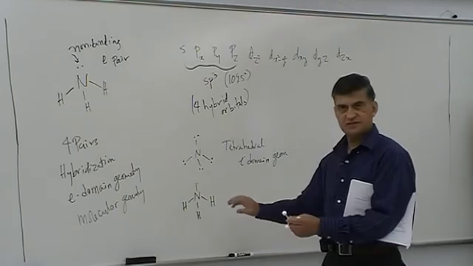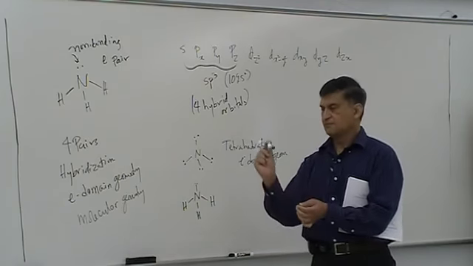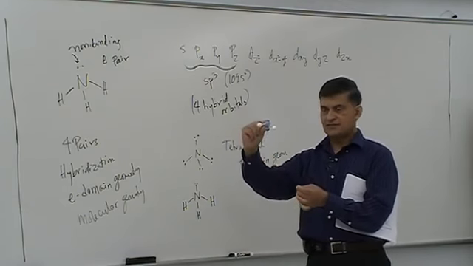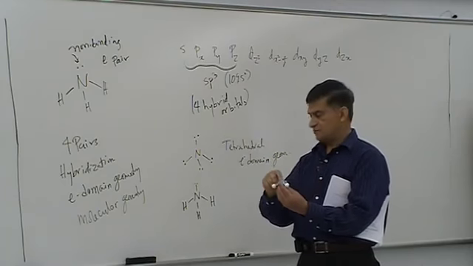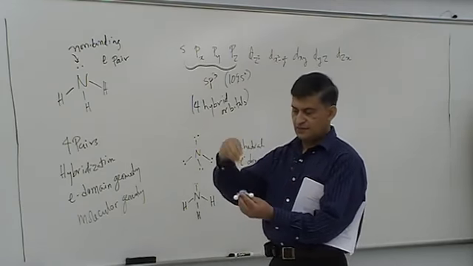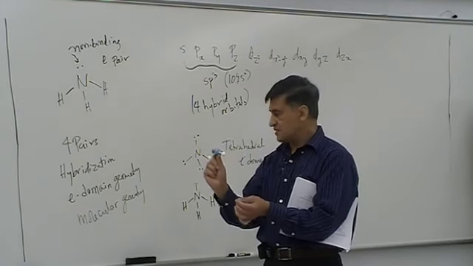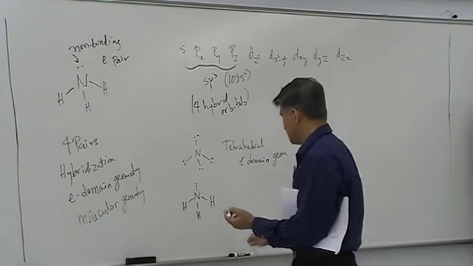If I take a picture of this molecule, this is how it would look. That means you would have the central atom and 3 other bonded atoms. And this is not tetrahedral because one of the bonds is missing, which has an electron pair. So this would not be called tetrahedral, even though the electron pair geometry is tetrahedral.